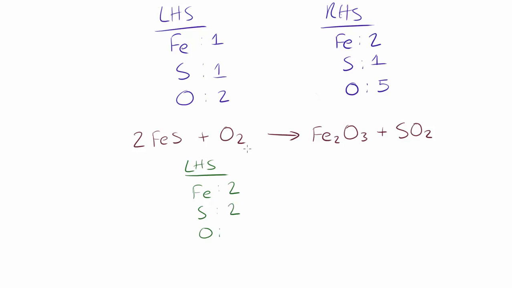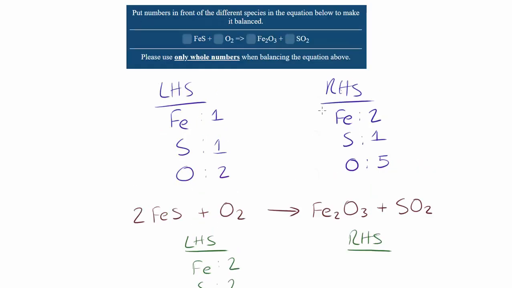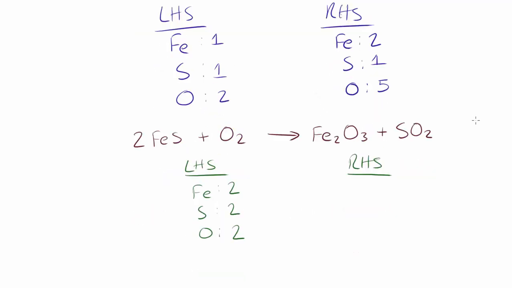Now for oxygen it just occurs here twice, so we're going to have a 2 there. And in terms of the right hand side, we didn't do anything. We didn't change anything. Because that is simply the same as it was originally, we can literally just use the values that we already had determined.